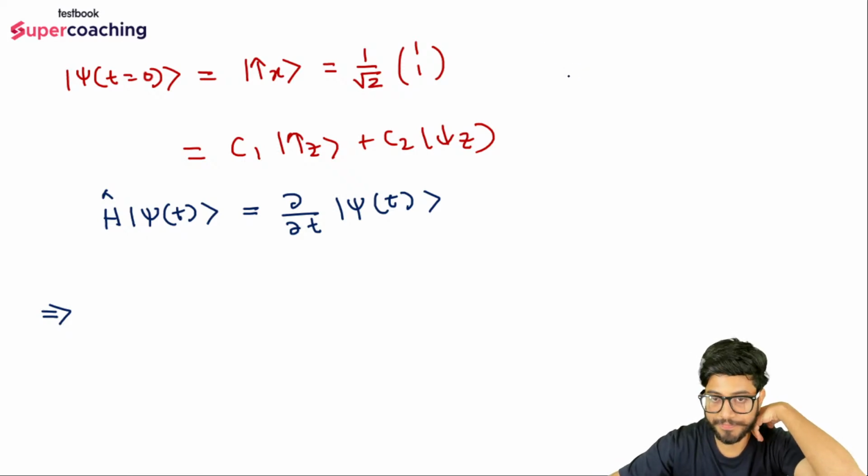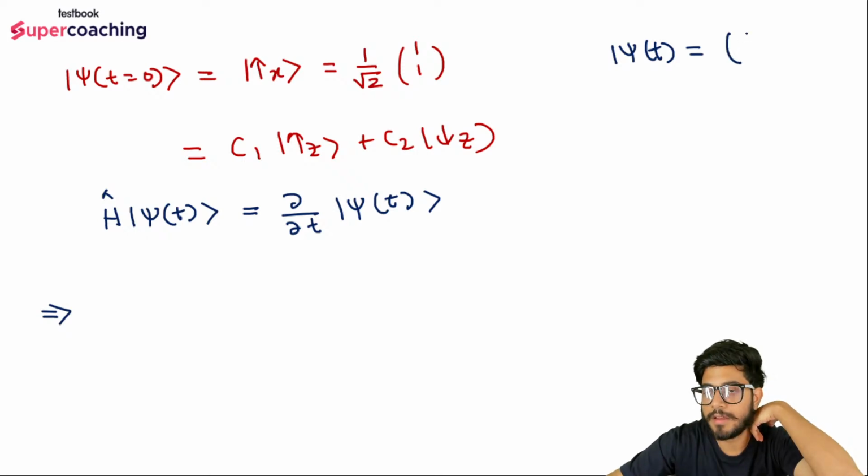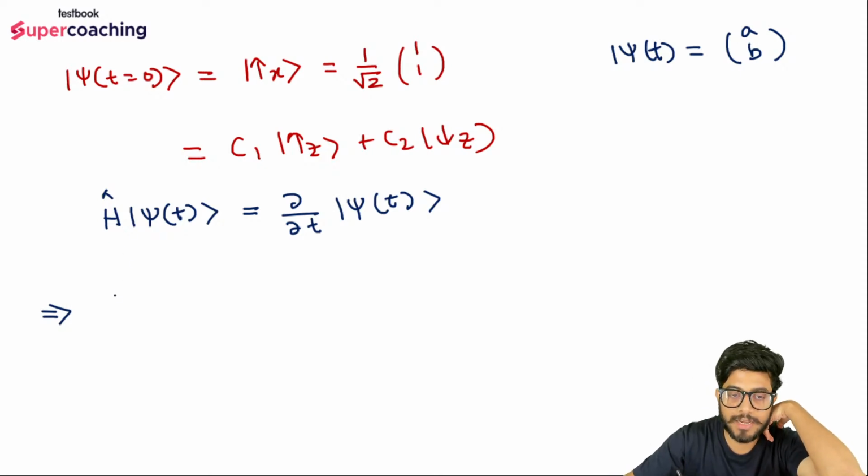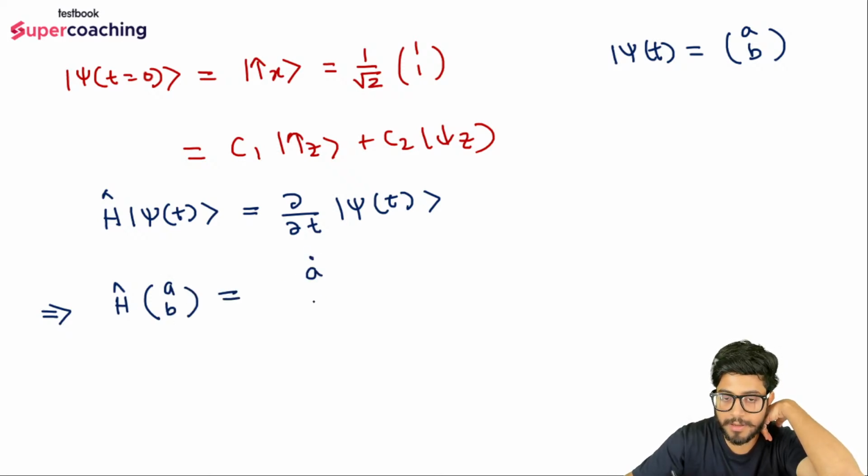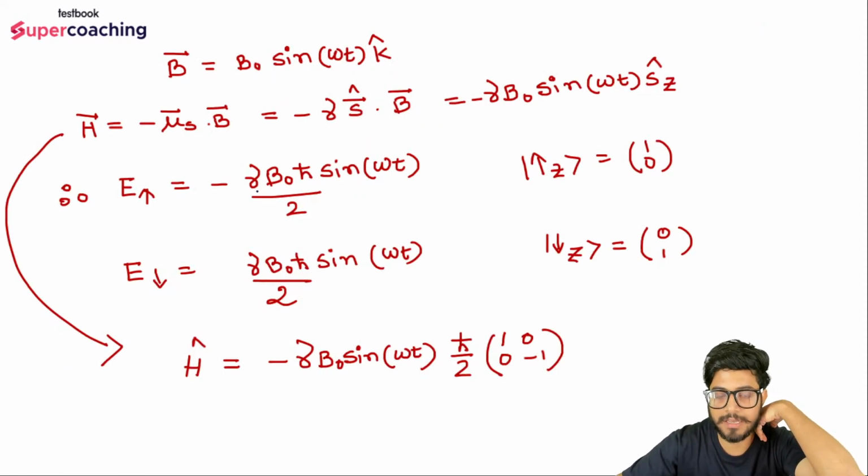Suppose my psi of t is, I'm just writing it, A and B, which can be functions of time. So I can write H cap into (A, B) equals the partial differentiation terms, A dot and B dot, no issue in that. Now H cap is basically this thing.